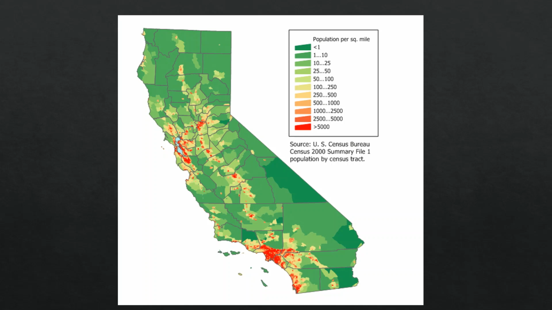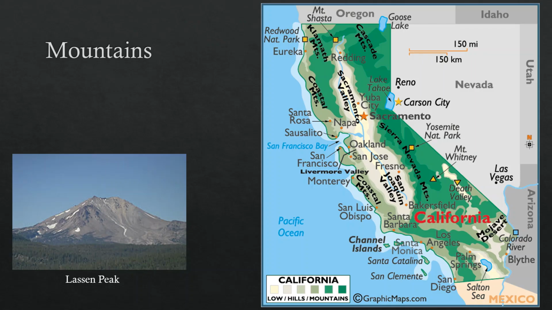So you can see how that physical geography affects where people are living, right? So again, we have these several mountain regions, including the Cascades and the Sierra Nevadas, Lassen Peak, which is an active volcano. So again, coastal mountains, then we have a valley, Sacramento Valley and the San Joaquin Valley, and then another set of mountains.